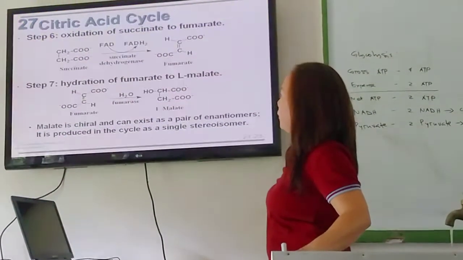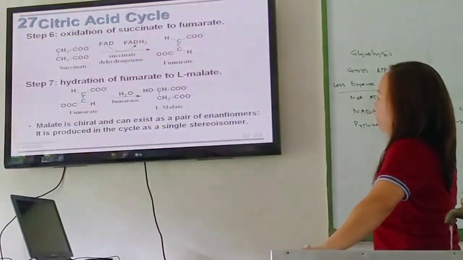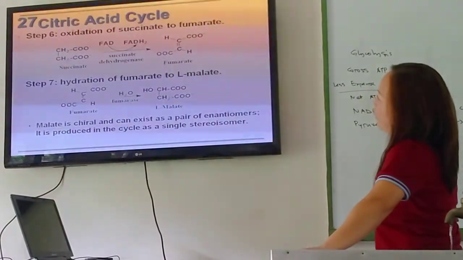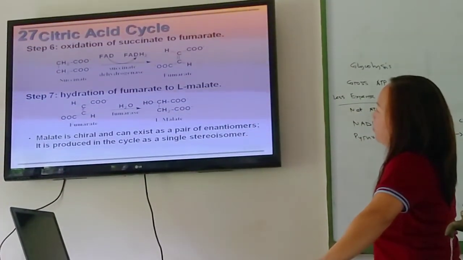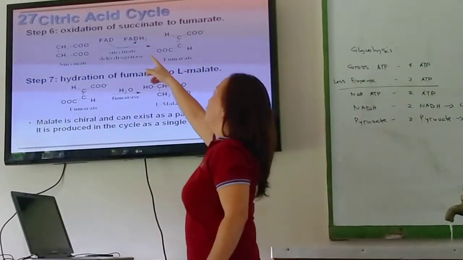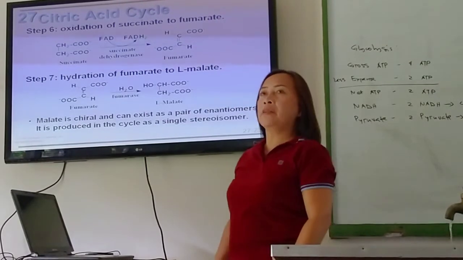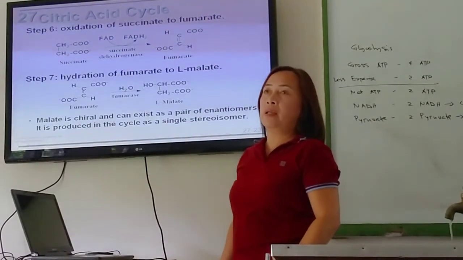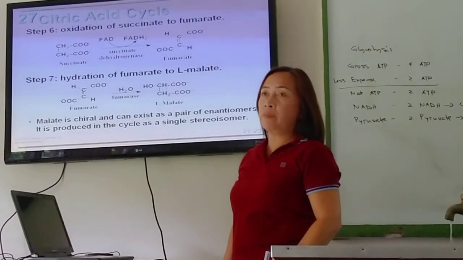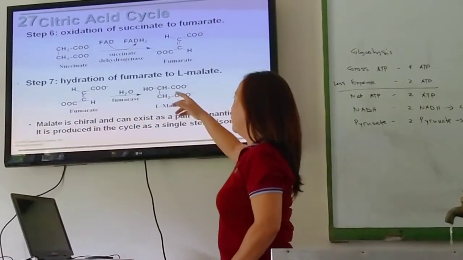Now, oxidation of succinate to fumarate. You have succinate to fumarate. There is a release again of electrons. This time, the electrons are accepted by another molecule, no longer the NAD, but flavin adenine dinucleotide.